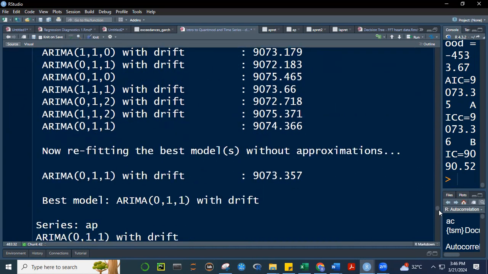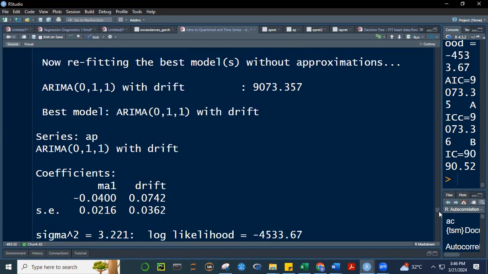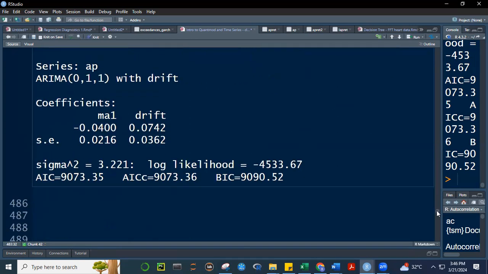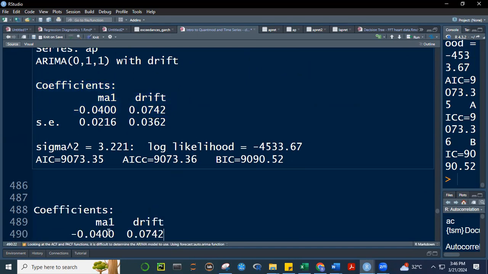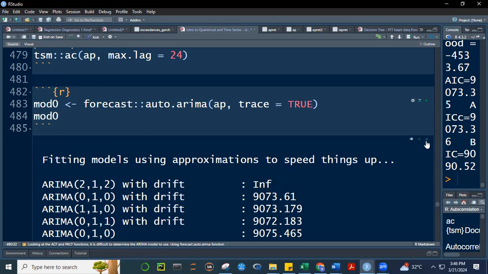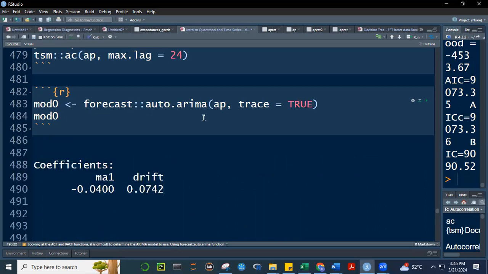And ang lumalabas dito, class, is ARIMA 011. Tapos ito daw yung coefficient ni ARIMA. MA siya, class, MA na negative 0.4. So that will be the model for the AP data.